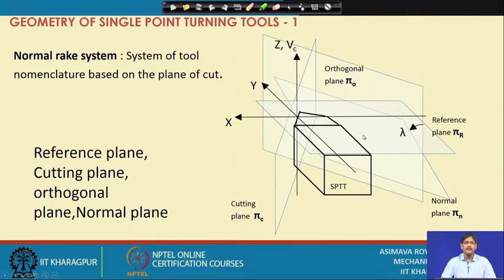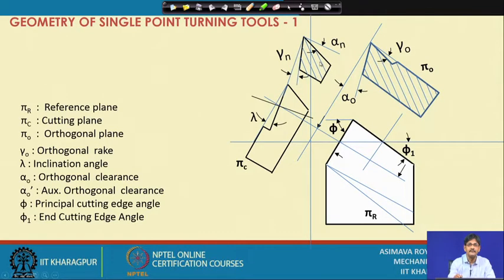So, with respect to this plane, we can define a rake angle, and that is called the normal rake angle, and in that system we have lambda and gamma n defining the rake surface orientation. It would look somewhat like this.